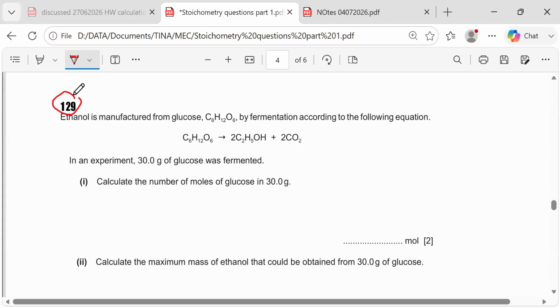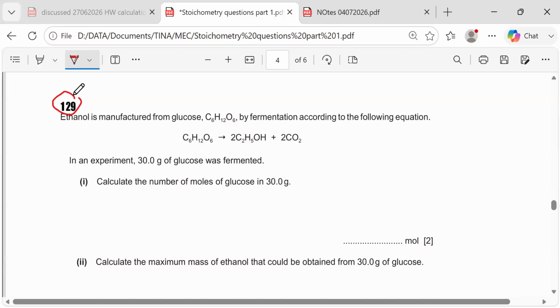So the three formulas. The first one, find the mass of the elements. So what is the mass of the compound? You see C6H12O6. Carbon is 12, hydrogen is 1, oxygen is 16.